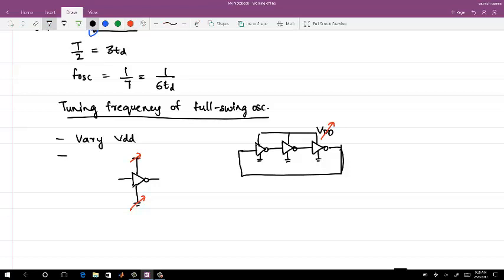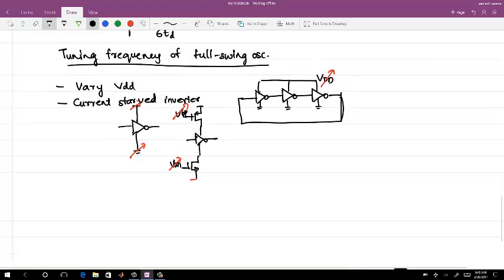This is also called a current starved inverter. I can get some VBP here and VBN here, which I can control. Using a current starved inverter in the ring oscillator is another way to vary frequency.